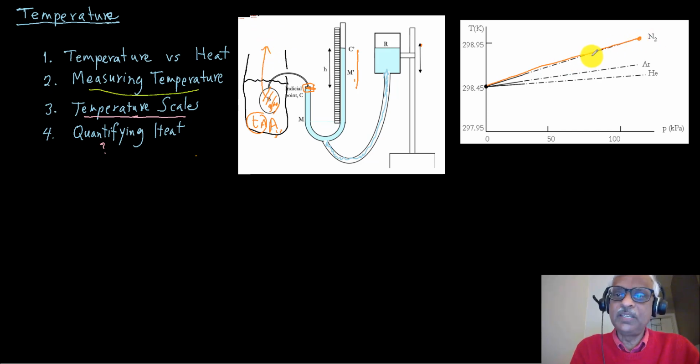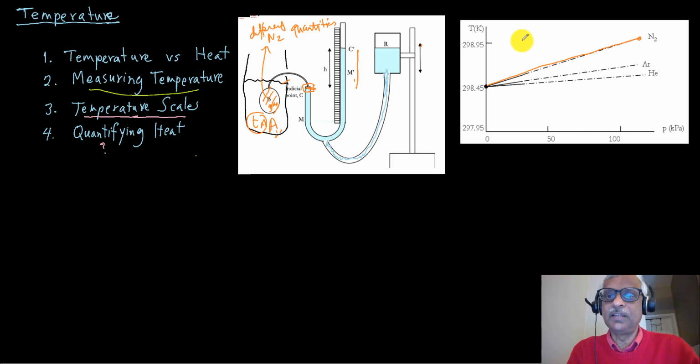So here what I'm doing is I put, say, nitrogen in there, in different quantities. It still fills up the whole thing, but it has a different amount of pressure.